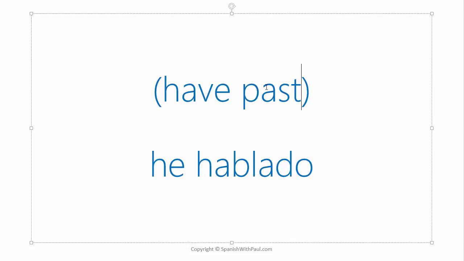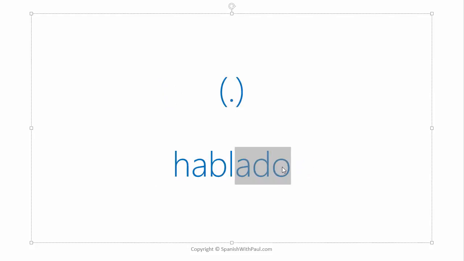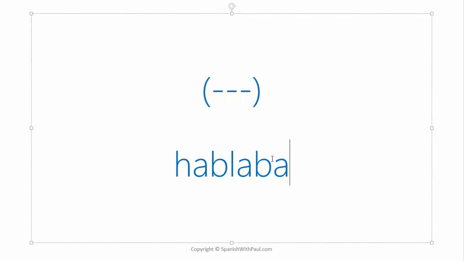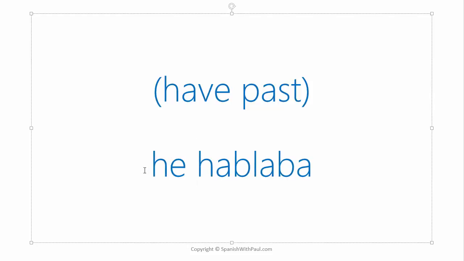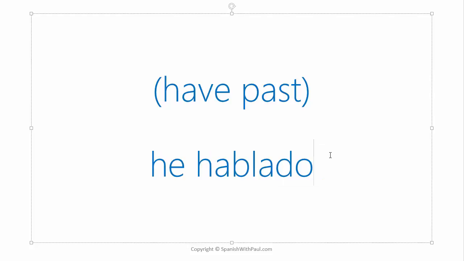So once again, 3 ways. Dot past, hablé, I spoke. Line past, hablaba, I was speaking. And this way, have past, for I have, and we get this ado sound, he hablado.